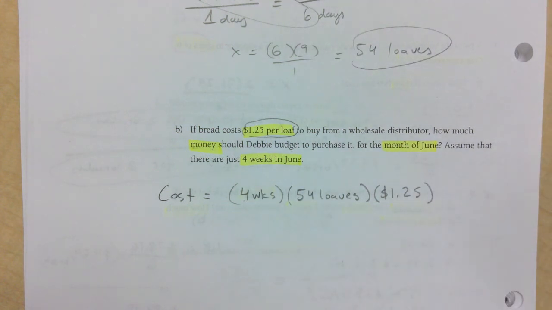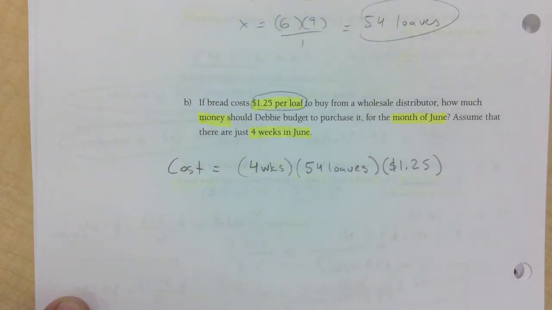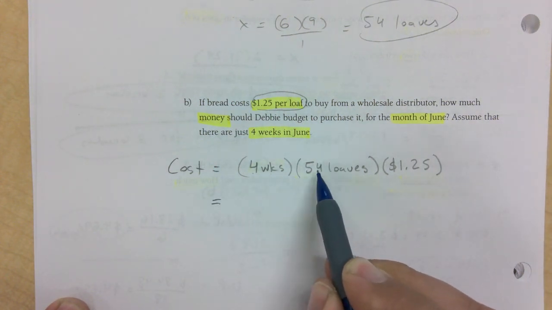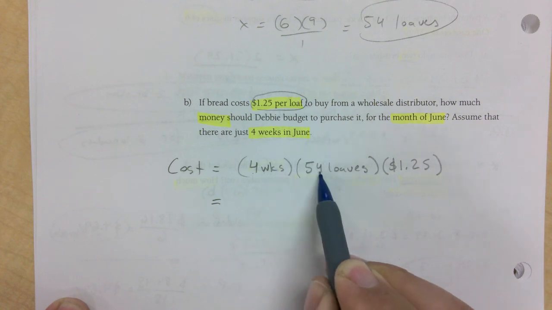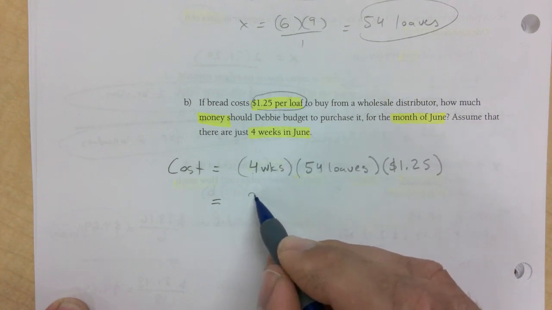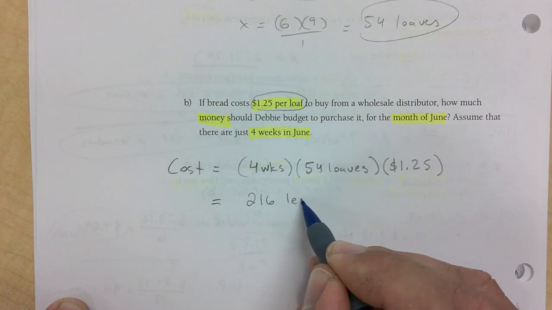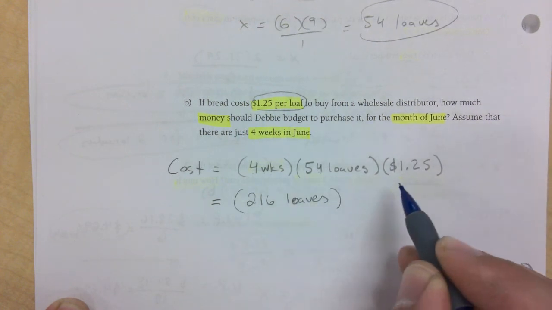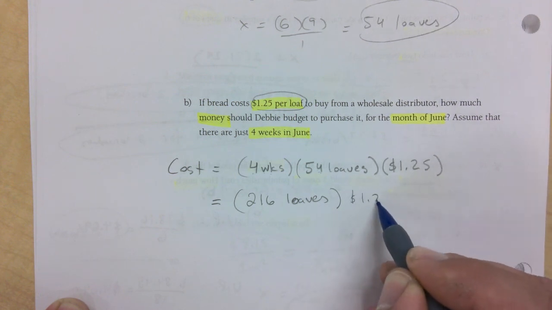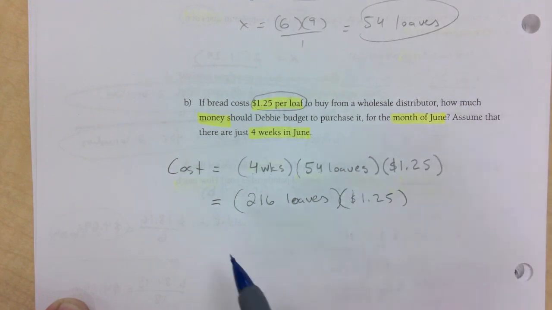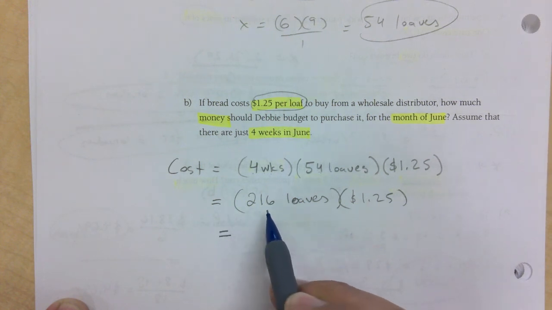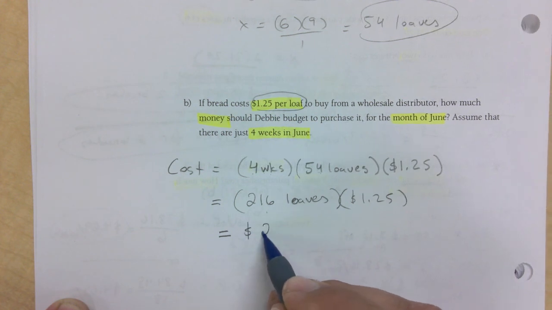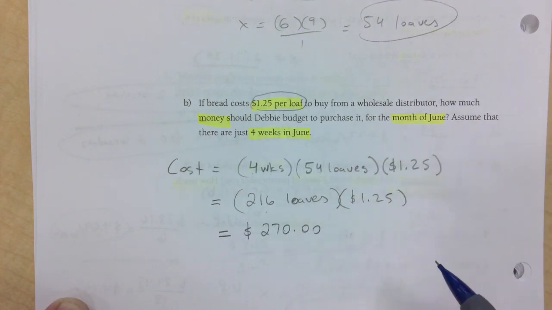Yes, there's a lot of multiplication. You would probably do it in steps, but let's just do it this way. 4 times 54, 4 weeks, and each week you need 54 loaves. That would mean that you would need 216 loaves of bread, and each one of them costs you $1.25. So 216 loaves times $1.25, that would get you $270.